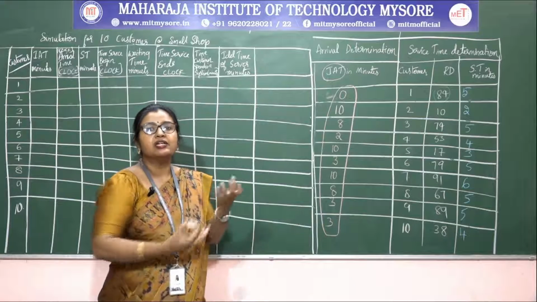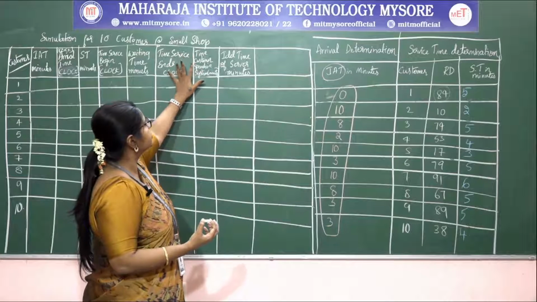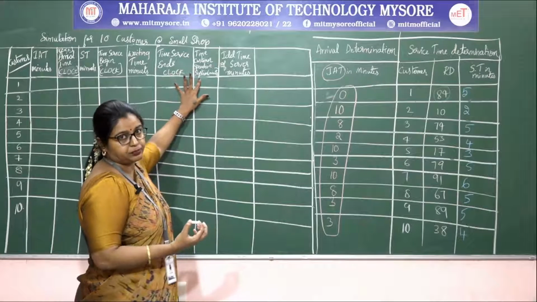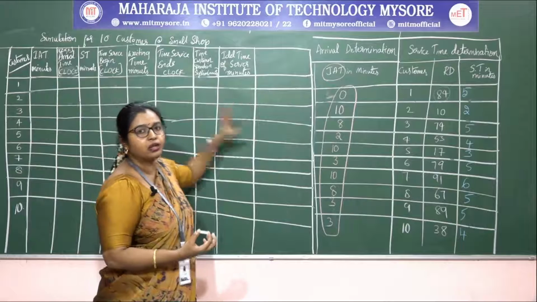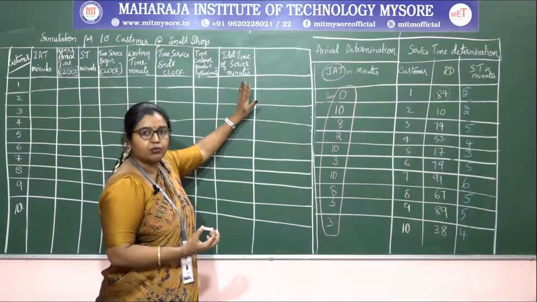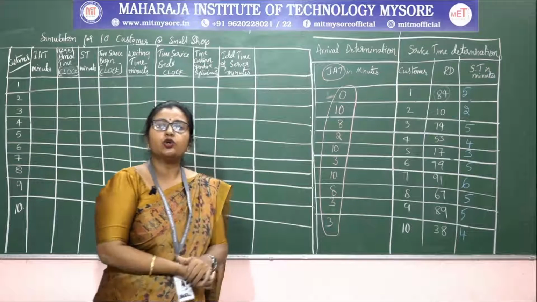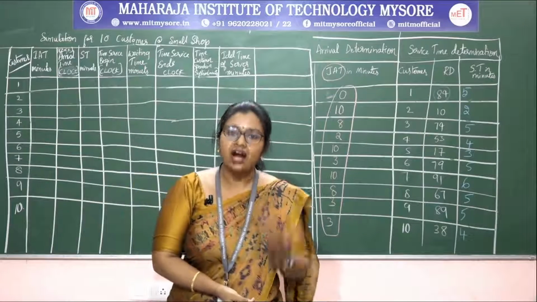The total amount of time we need to write there. If there is no customer at all, then we write the server idle time. These are all the columns based on what the problem has asked.